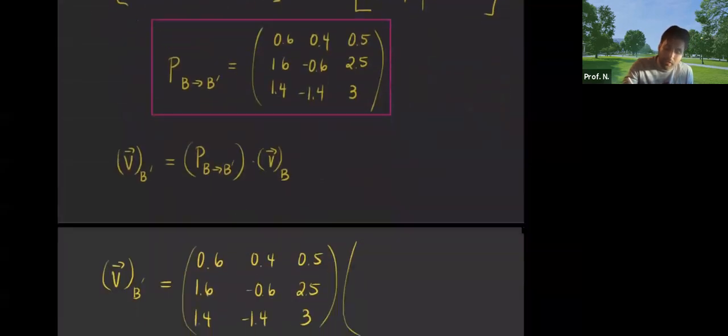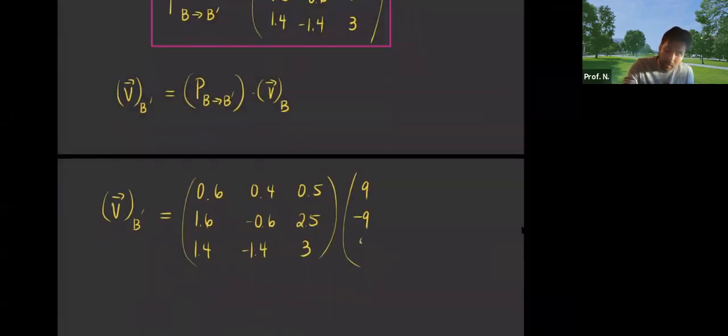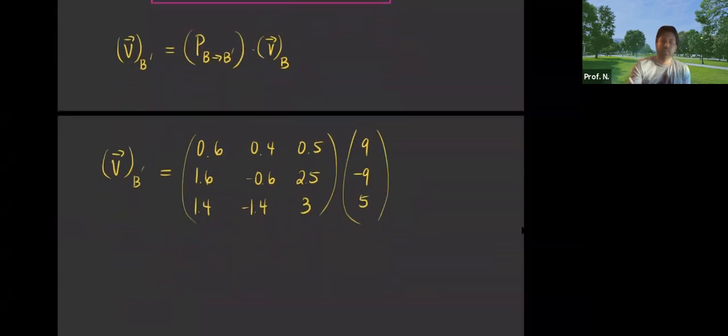Multiply this by the coordinate vector that we found originally, 9, negative 9, 5. And again, this is the transition matrix from the old basis to the new basis, and this is the coordinate vector of V relative to the old basis. And I get my new basis.